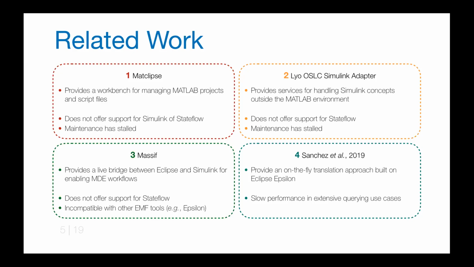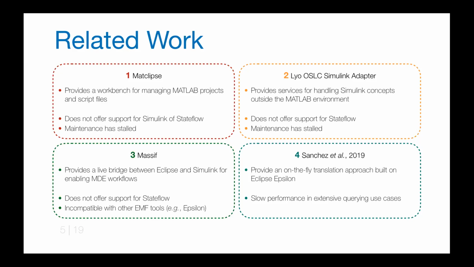And last, there's an on-the-fly translation approach that eliminates the need for an upfront transformation of Simulink and Stateflow models. Now, this has some performance gains over approaches with an upfront transformation like Massive. Although in extensive querying use cases, that performance is lost.